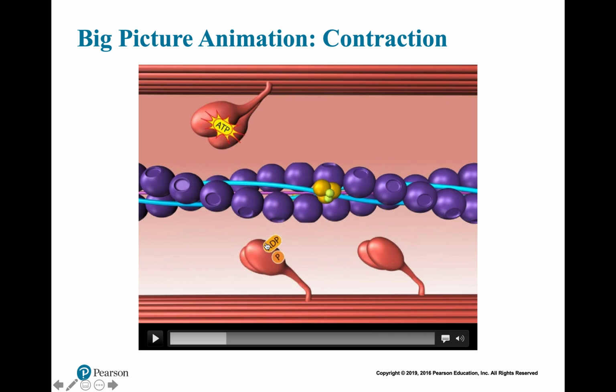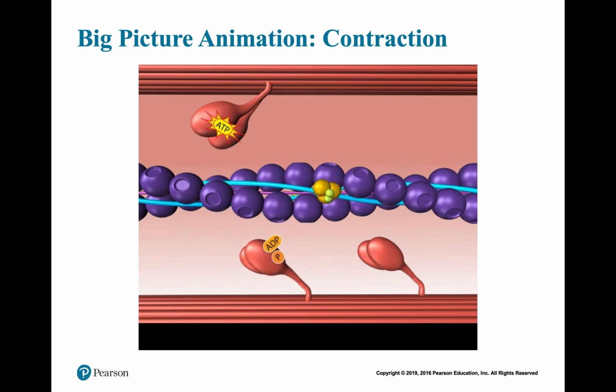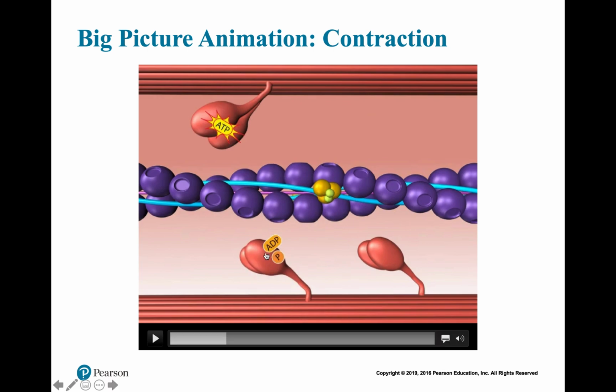ATP binds to the globular head, and when it gets hydrolyzed, meaning split, cleaved, so ATP is adenosine triphosphate, 3 phosphates attached. When it gets hydrolyzed, it's hydrolyzed into ADP, which is adenosine diphosphate, 2, and a phosphate.